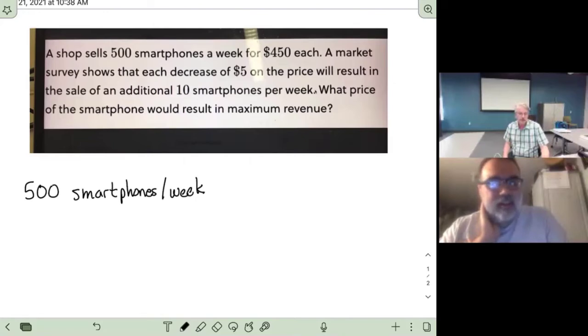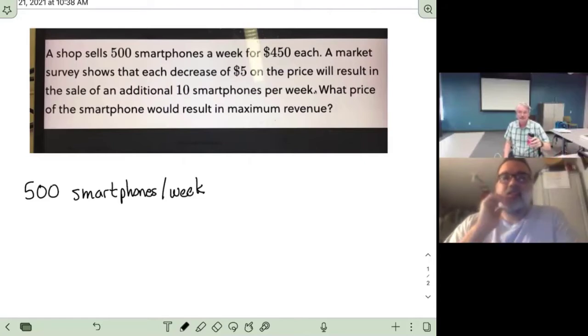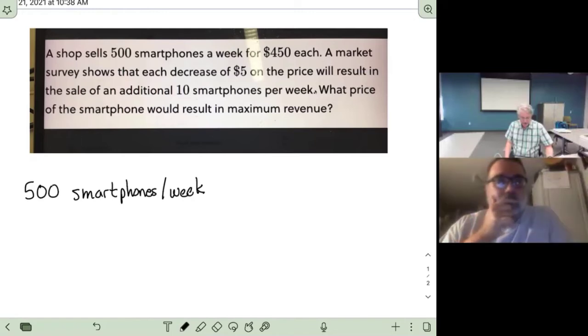That's a lot per day, right? Like 70 per day. I doubt that's true. Maybe an online retailer selling 500 a week seems more reasonable. Yeah, that would make more sense. And then the price is 450 each.